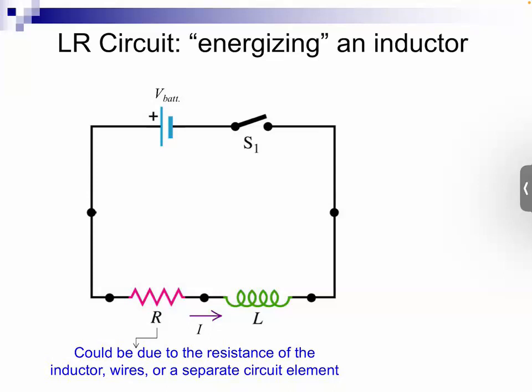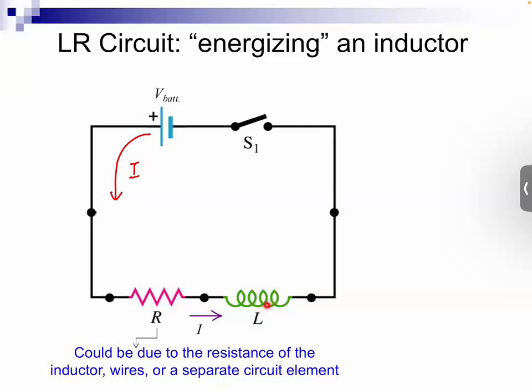So we learned before that the convention we're using is that once you close the switch, the current will flow from the positive terminal or high potential point of the battery to the low potential point of the battery. But we also saw that an inductor will oppose any sudden change in current in the circuit.